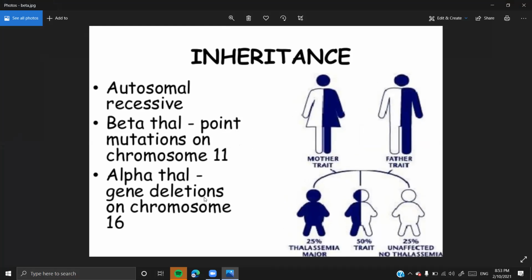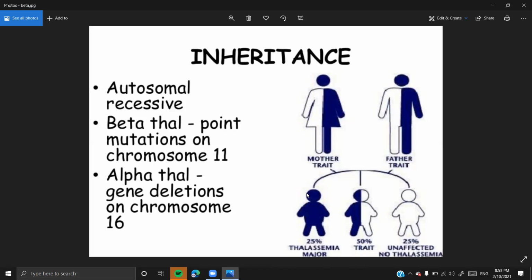This is what I wanted you to be clear about: point mutations are seen in beta thalassemia, and in alpha thalassemia it is going to be gene deletions. And remember, children, if both the parents carry the defect and the child gets the defect on both chromosomes, then only the child is going to be affected.